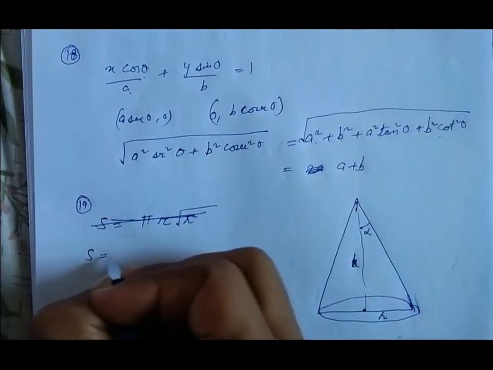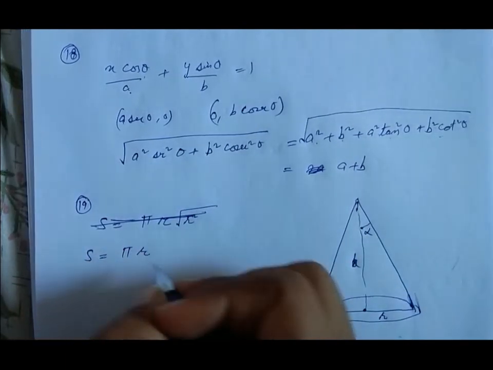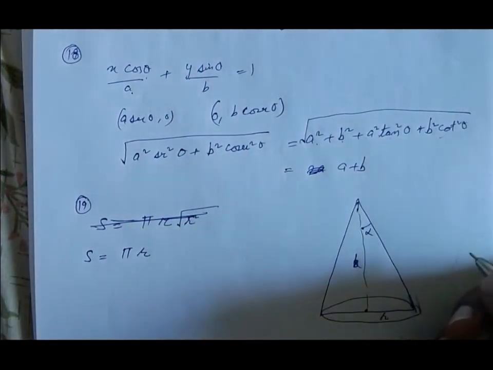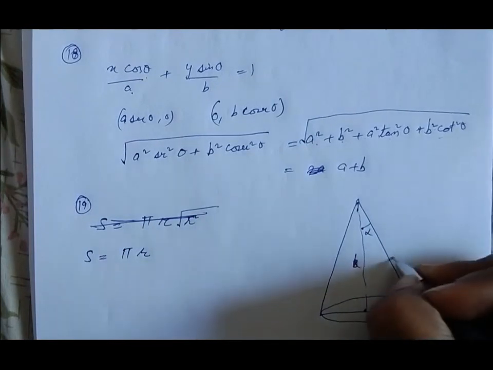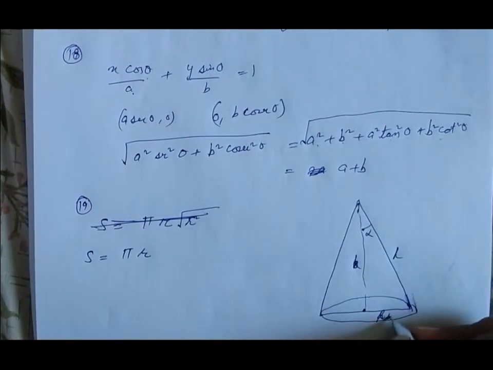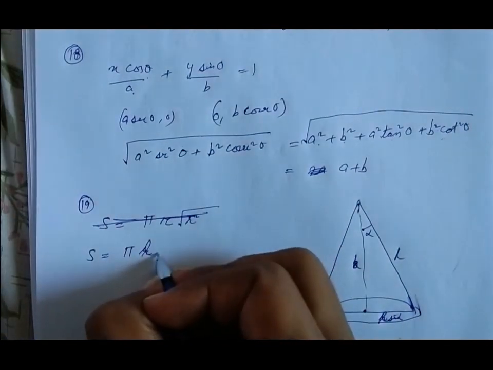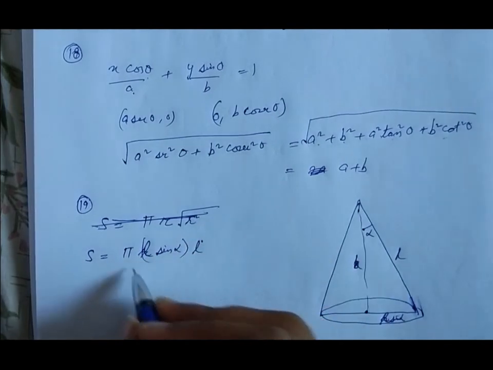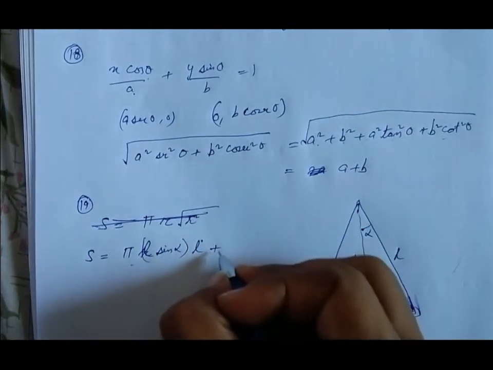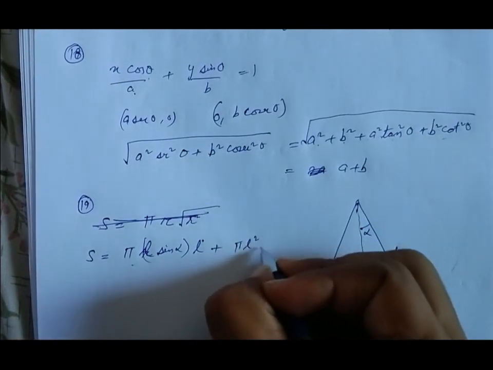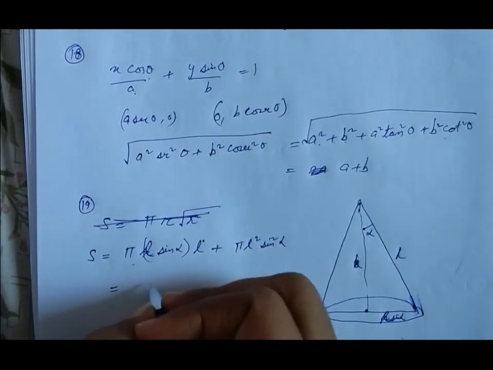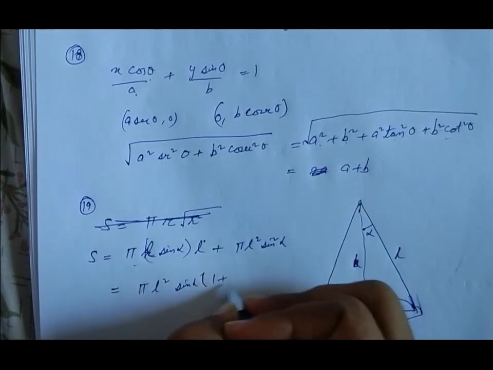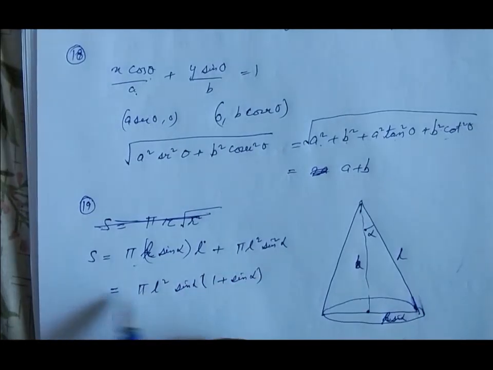So S would be equal to pi r l, with r equal to l sin alpha, so pi l sin alpha into l. This would be its lateral surface area, plus pi l square sin square alpha. So pi l square sin alpha common, 1 plus sin alpha. So this is given constant.